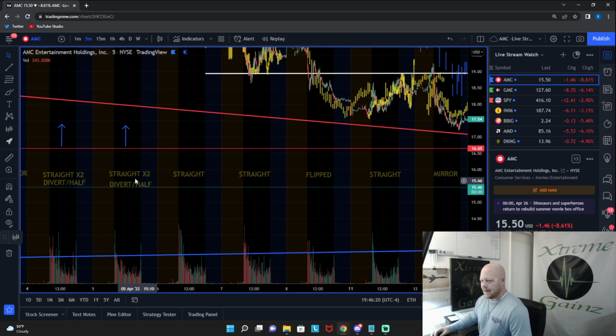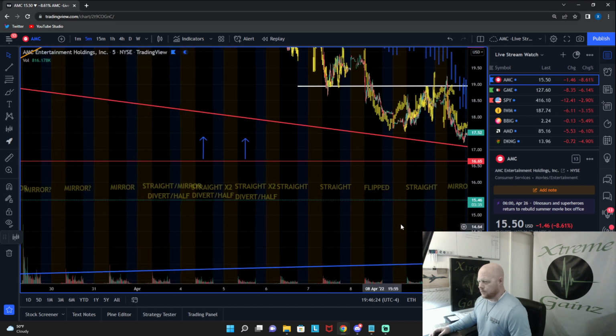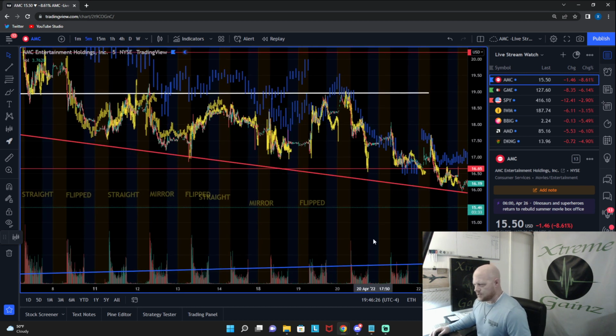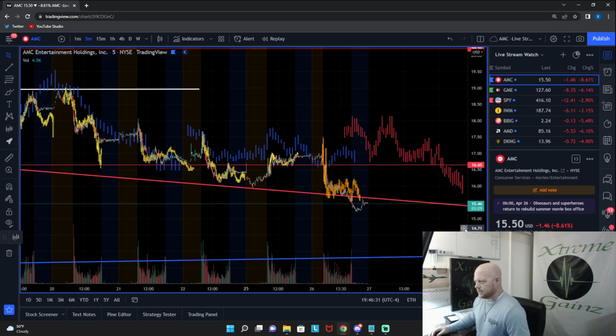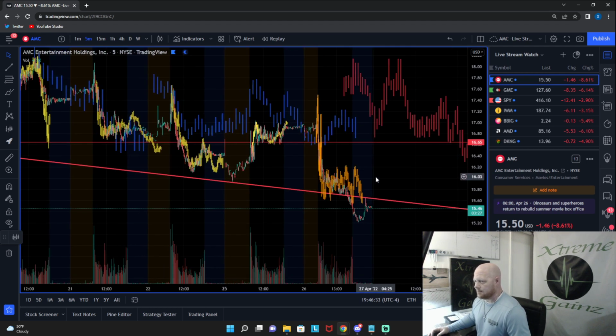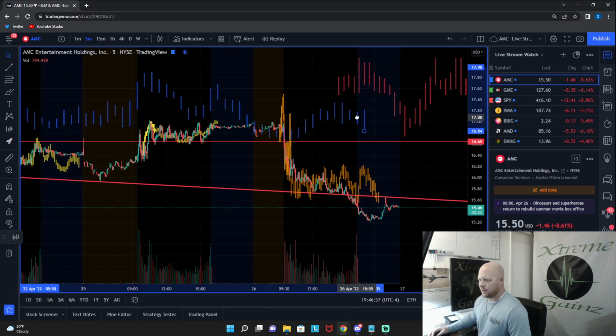They will divert half, and it'll either be two of the same or one of each of the three positions, and that is straight up the way it was clipped: mirrored or flipped. So in today's case, it ended up being a flipped initial placement, and here's what happened.